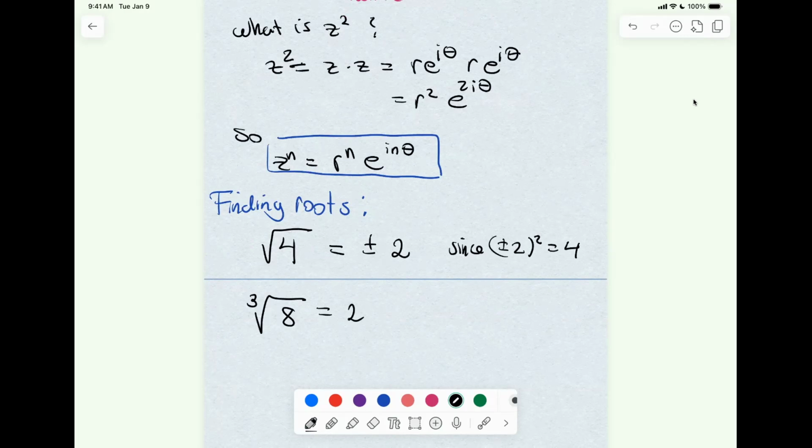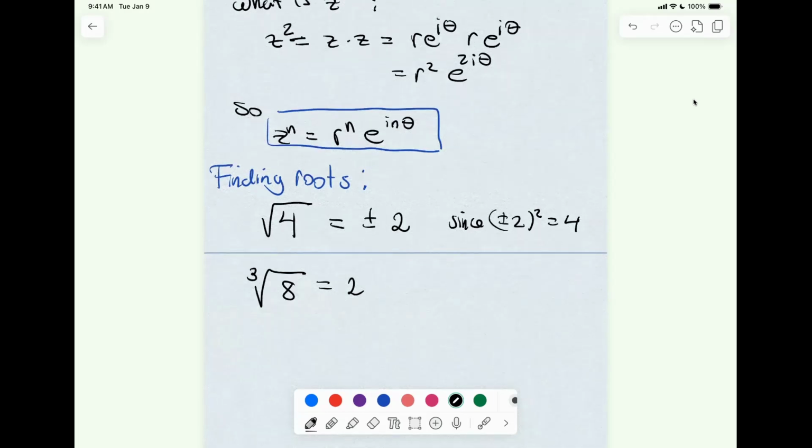That's weird, because this is a cubic root, and with a 3 here maybe you would expect to find 3 options, because with a square root you would find 2. And actually that is more or less true if you're using complex numbers.